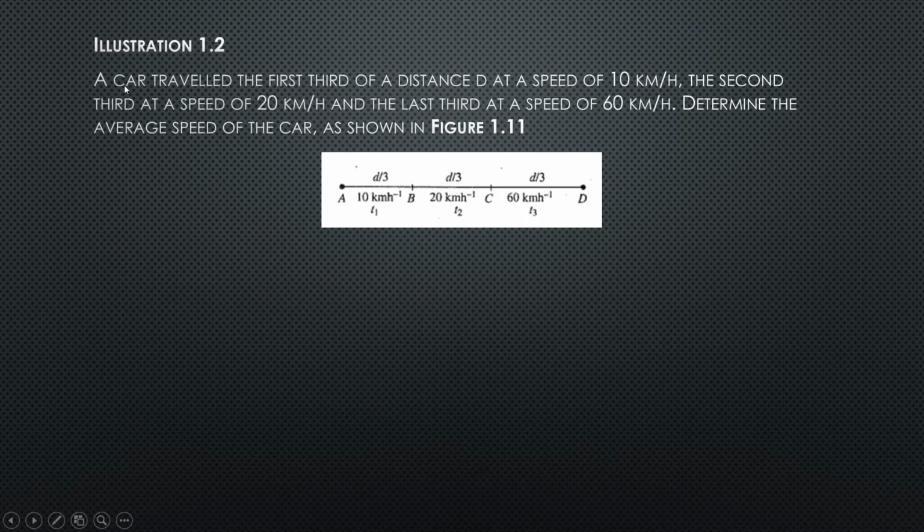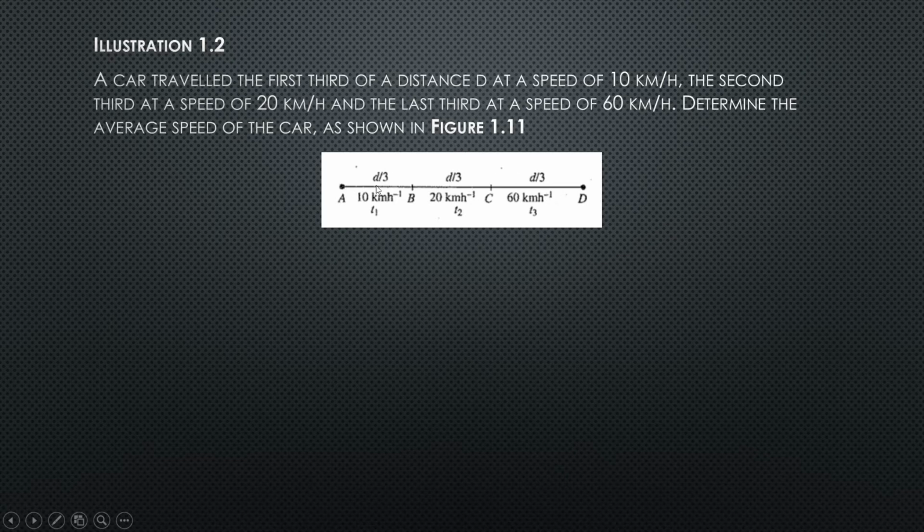A car traveled the first third of a distance d at a speed of 10 kilometers per hour, the second third at a speed of 20 km per hour, and the last third at a speed of 60 kilometers per hour. Determine the average speed of the car as shown in figure 1.11. So this is the scenario.